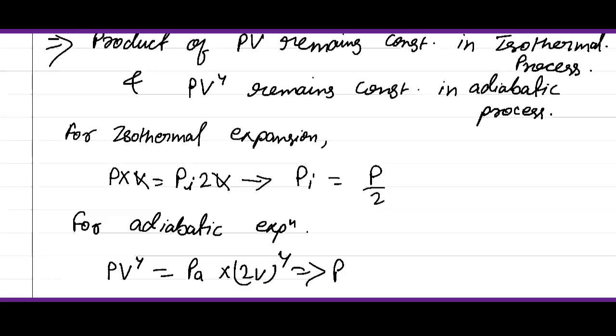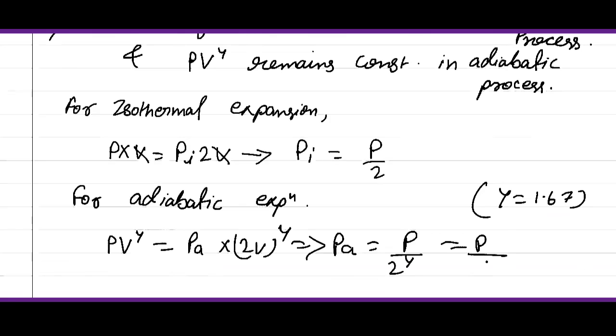So from here Pa is equal to P upon 2 to the power gamma, right? And we know that for this gas the value of gamma is equal to 1.67. So putting the value of gamma, we get P upon 2 to the power 1.67, right? So we have to calculate the ratio of Pa upon Pi.